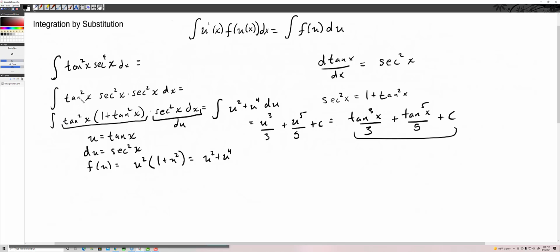This is the same way it worked as before. It just took a little bit of knowledge about what the derivative of tangent is and what kinds of things relate secant squared to tangent squared. As a general note, if this seemed daunting, I would suggest looking at the functions that you have inside here and then finding the things that relate them together, as we did.